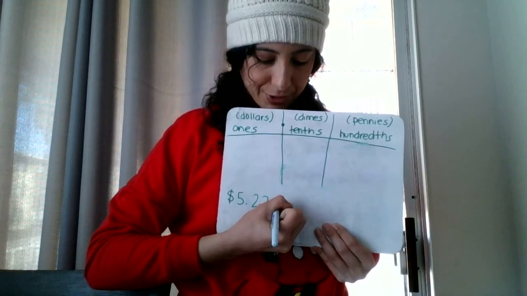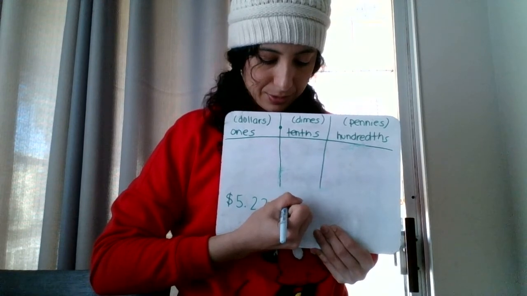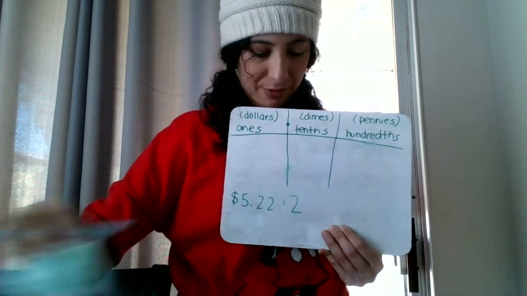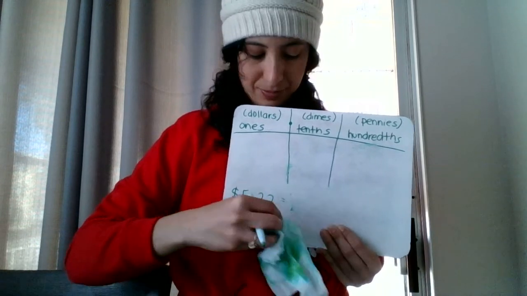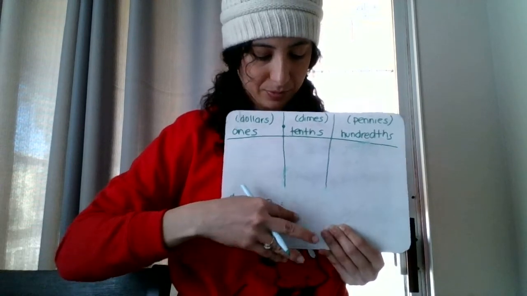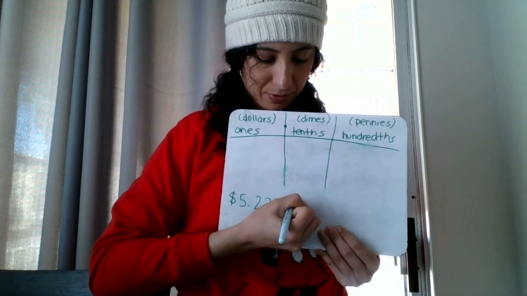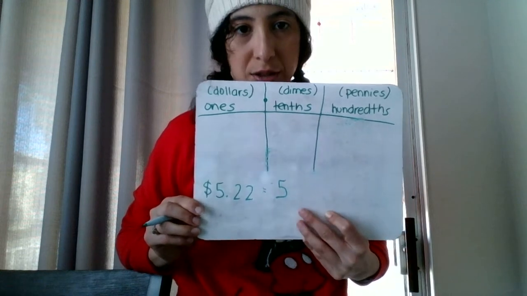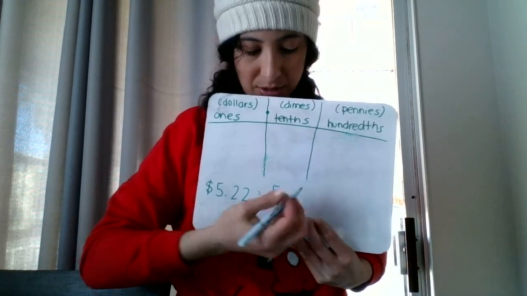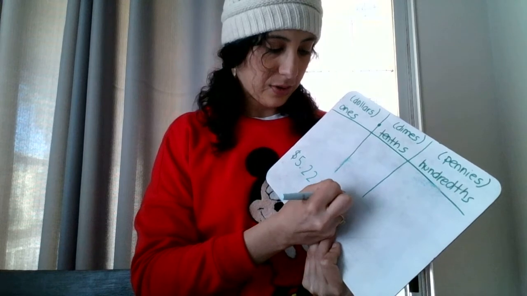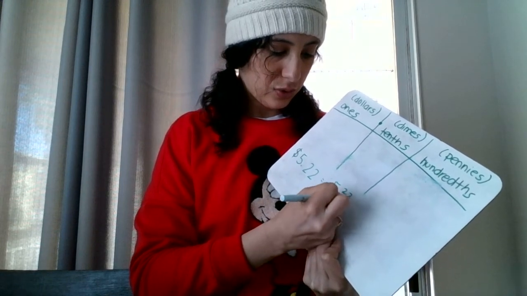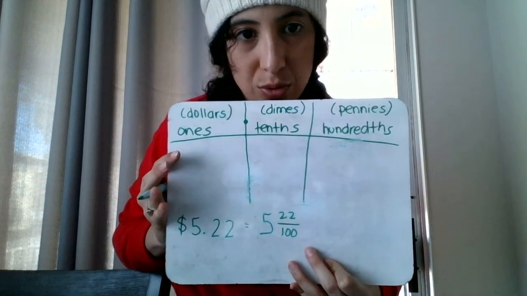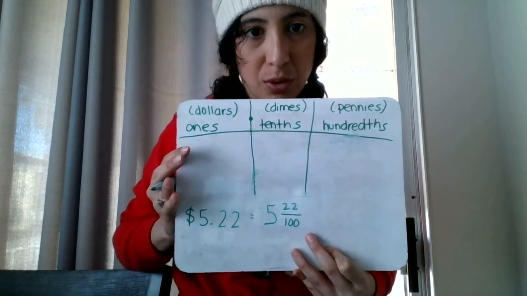I'll write it as a fraction first. We have 2 wholes. I'm sorry, not 2 wholes, 5. We have 5 whole dollars. And we have 22 over 100.